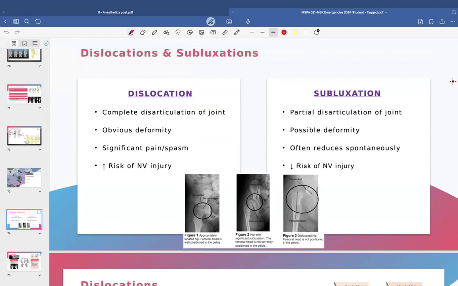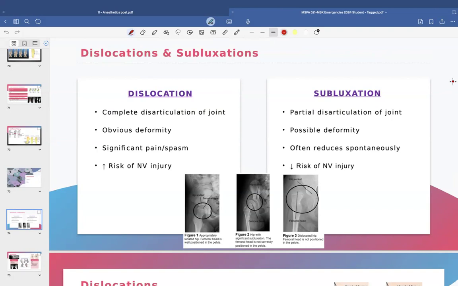There's a high risk of neurovascular injuries with the dislocation, versus your sublux, where you aren't going to be as moved. You can see there's more widening of space there. This is where you're just partially disarticulated from the joint. It often reduces itself, they self-reduce, and there isn't as much of an injury because you're not as far away from your normal anatomical limit.